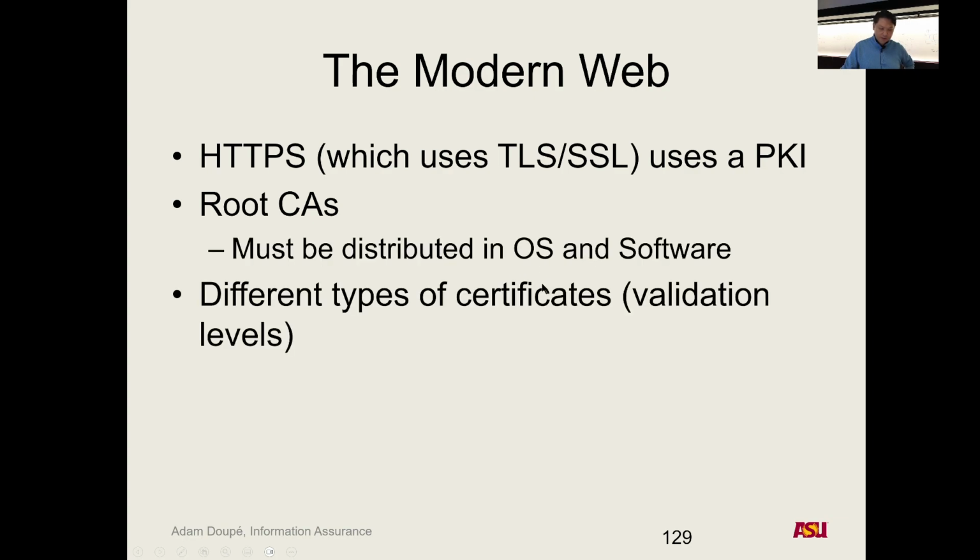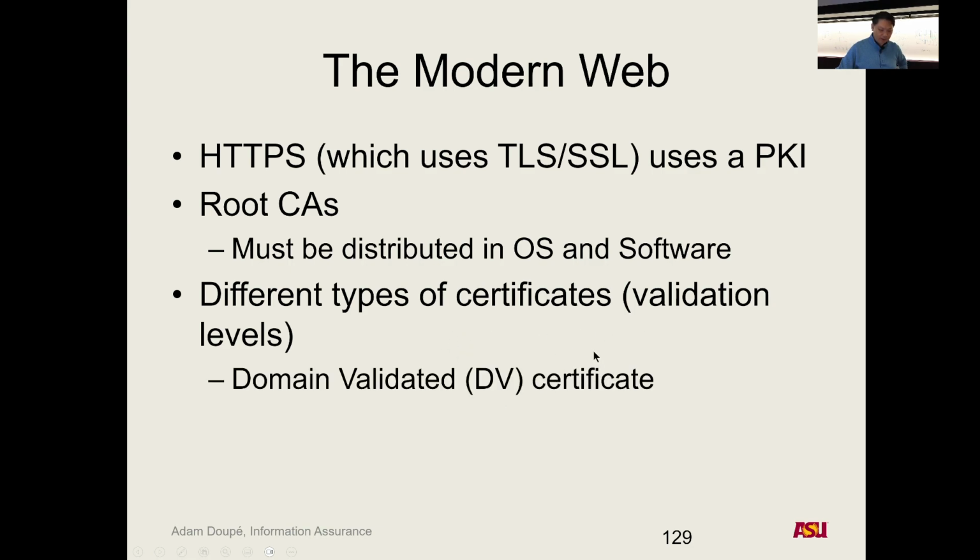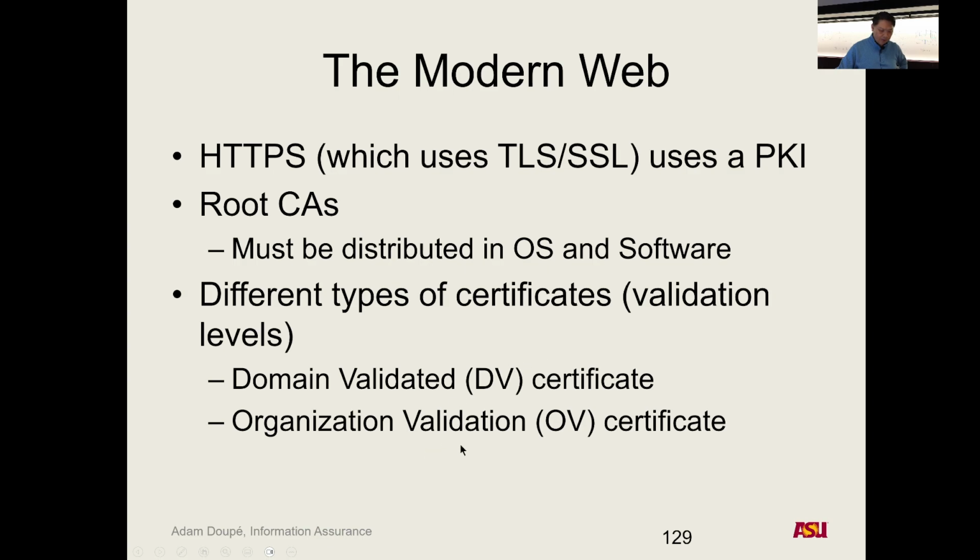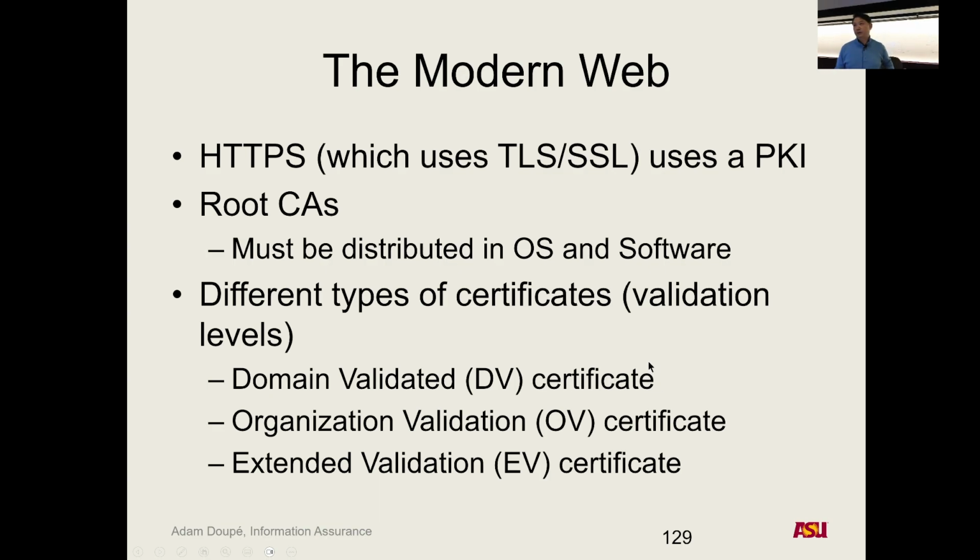In TLS or SSL on the web, the root CA must be installed in the OS and software, and there are some different types of certificates, like a domain validation certificate, an organization validation certificate, and an extended validation certificate. There are various types, and the purpose of the certificate can differ depending on what the system needs.